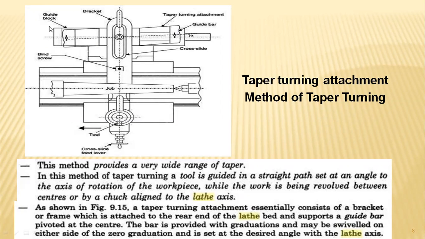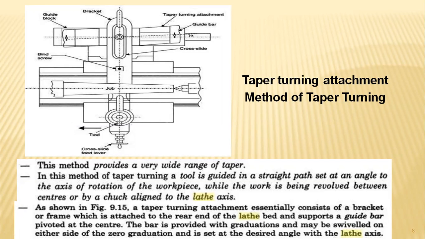For that, the guide block acts as a major part, and the bracket for set angles and the taper turning attachment will be placed over it, and used to guide the overall work part, to set the cross alignments or cross slides by this bracket which has been fed initially up to a particular length.